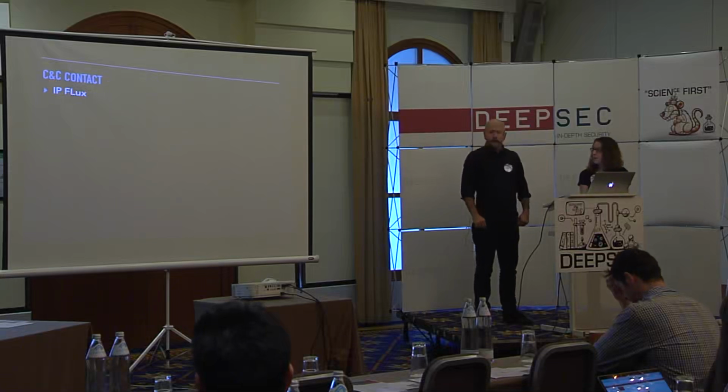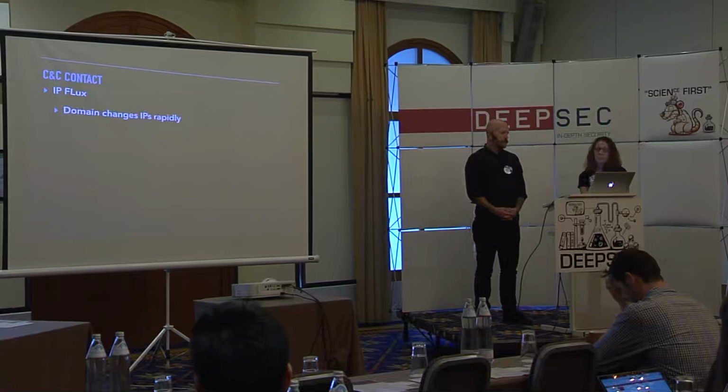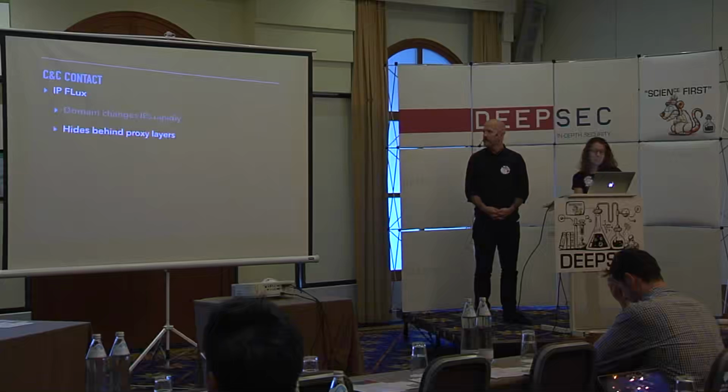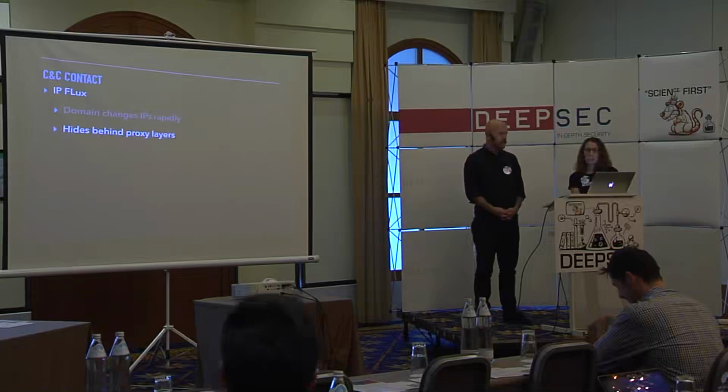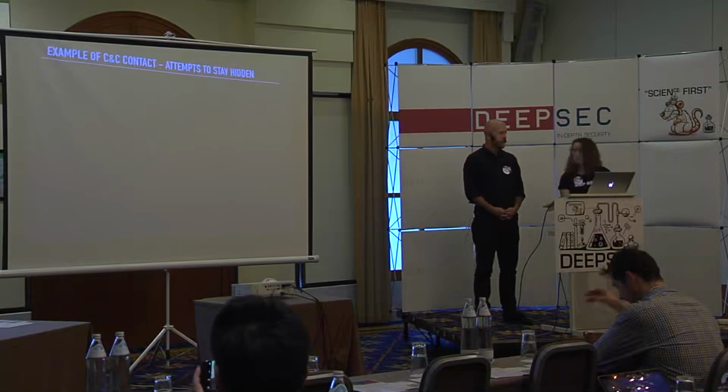Another tactic is IP flux. The domains that they're using, the DGA domains, will change IP addresses rapidly to try to hide their location. They'll also hide behind different proxy layers to hide where the command and control server actually is.